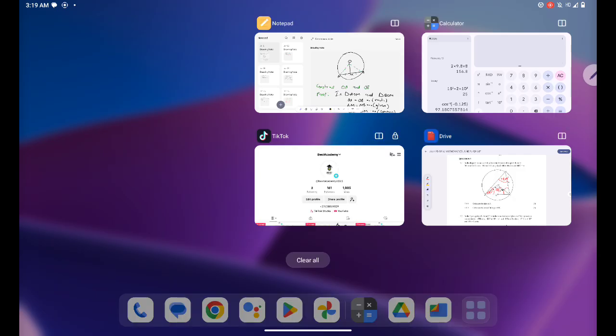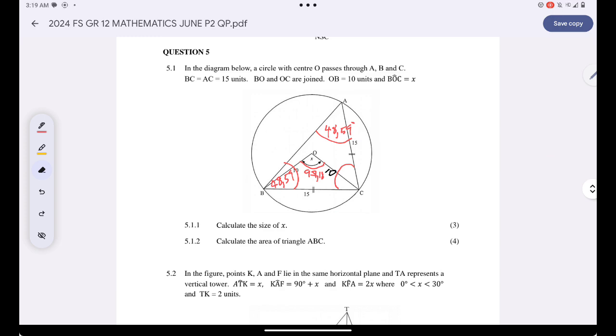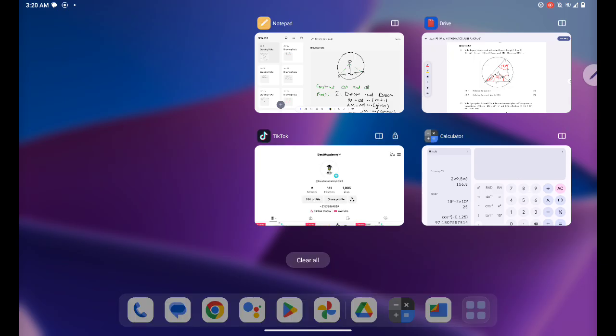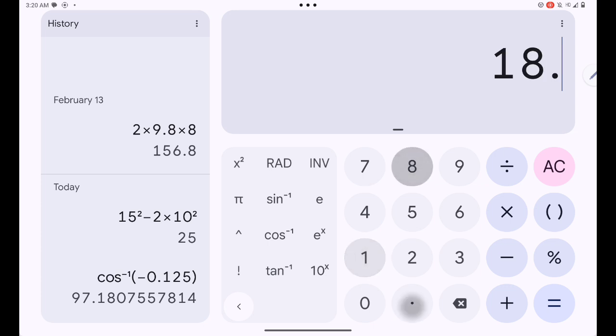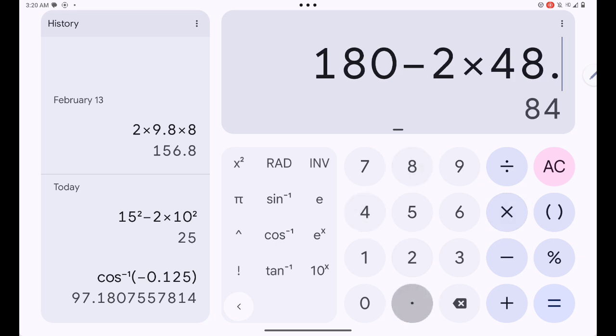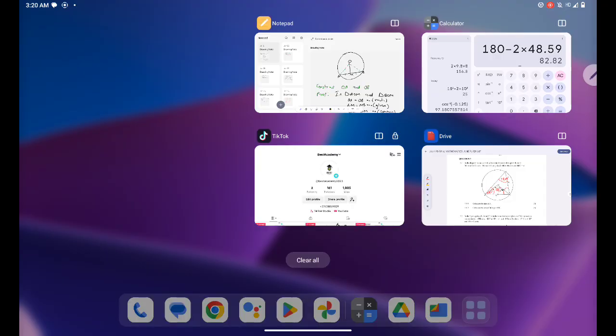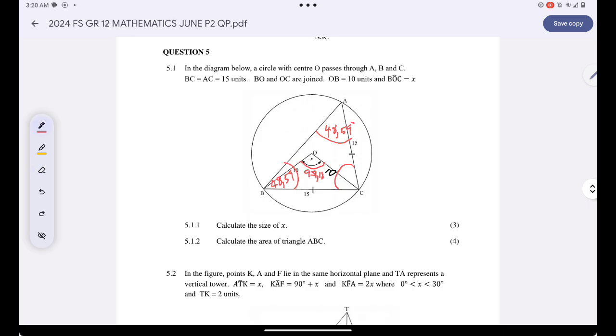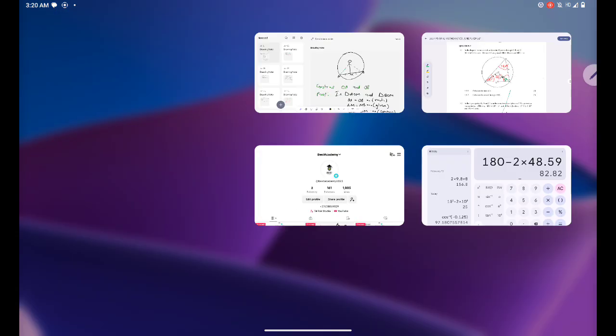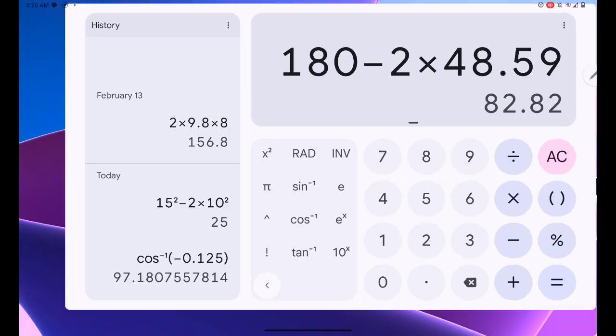It's 180 minus 2 times 48.59. According to the angles of a triangle, guys, this will be 82.82.